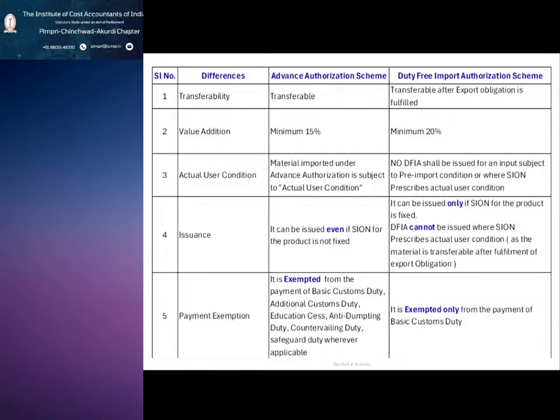Whenever you import any raw material, you should use it for manufacturing the product for which you have imported it. We saw an example of wooden furniture: for manufacturing wooden furniture we require wood, nails and glue.